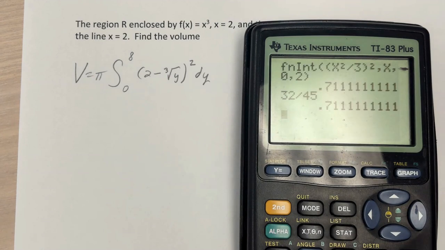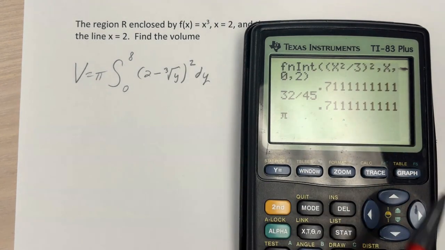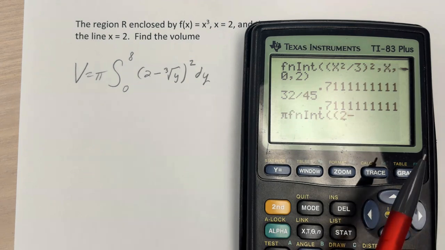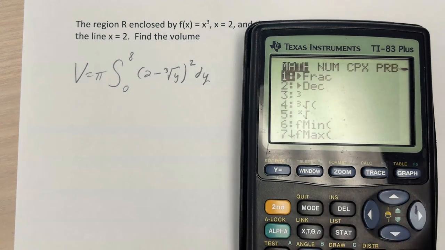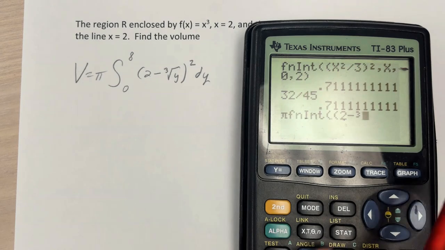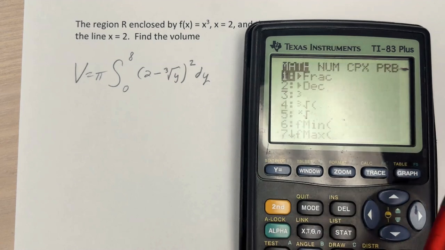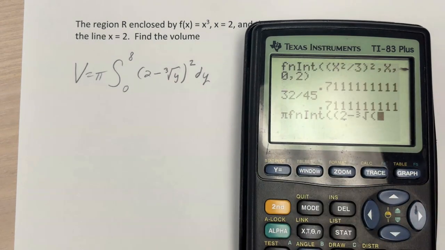Oops, let me turn it on first. I'm going to do pi, and then math 9, and then it's going to be parentheses 2 minus, the cube root is under math 4, excuse me, and it'll be the cube root of x, and then I'm going to square that, and then comma x, comma 0, comma 8, and then close it.